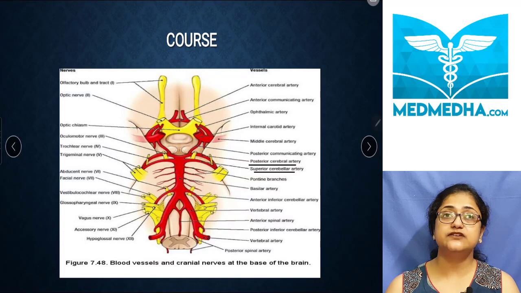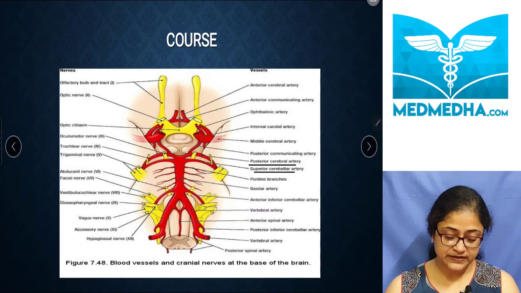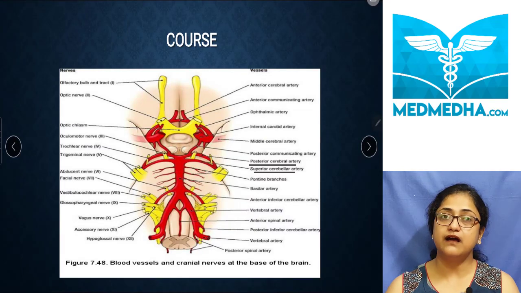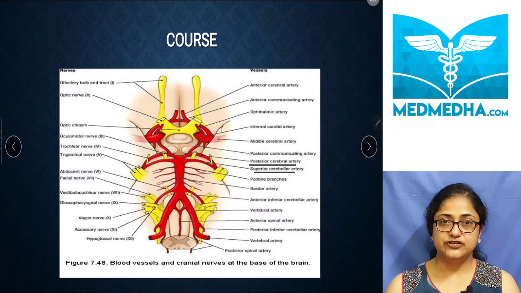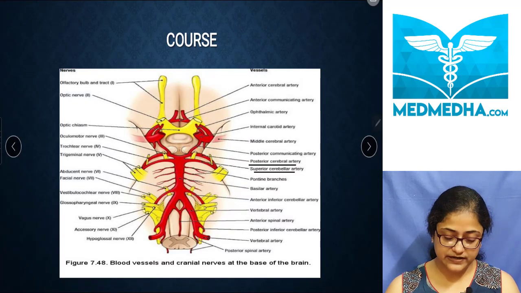So, the first relation in the course of the oculomotor nerve that you have to remember is that after it comes out from the medial side of the crus cerebri, it lies between the posterior cerebral artery and the superior cerebellar artery. Now, next, what is the relation? The next relation is also a vascular relation.